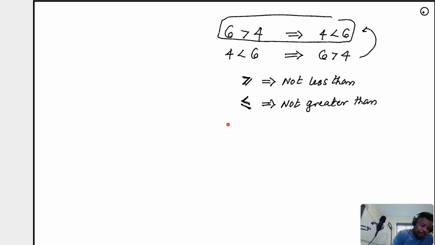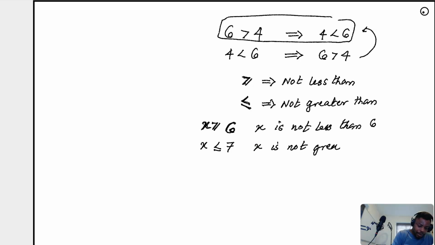So if I have x greater or equal to 6, what this simply means is that x is not less than 6. If I have x less or equal to 7, it simply means x is not greater than 7.